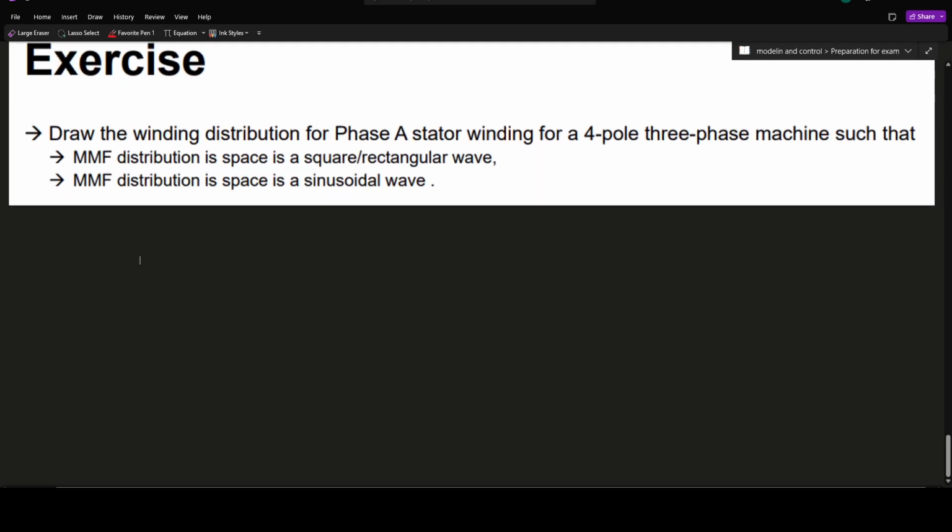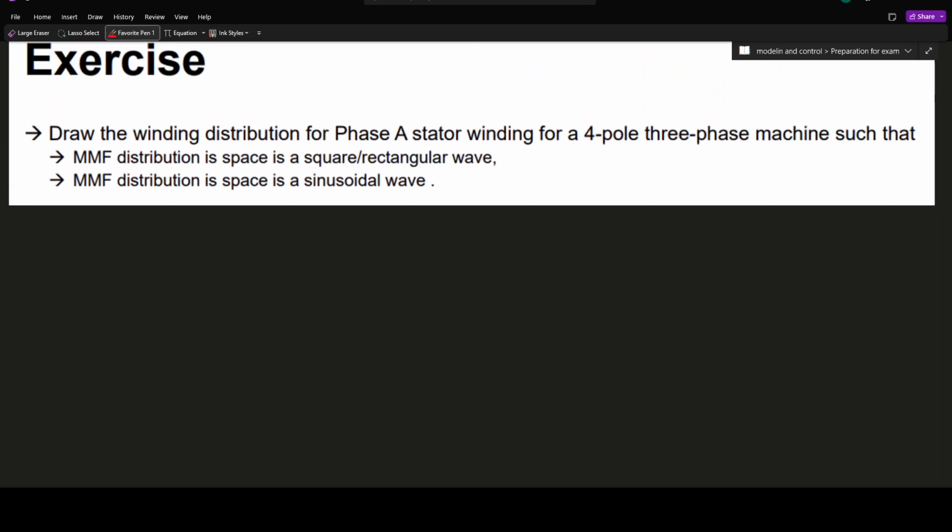Okay, now we have this exercise. It's asking us to draw, for a phase A of 4 poles, an MMF distribution in space that is a square rectangular wave, and an MMF distribution in space that is sinusoidal.